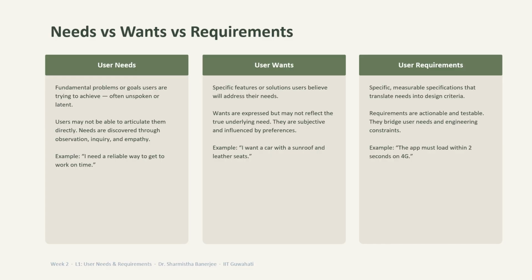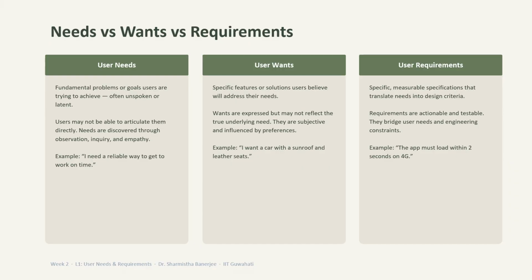So say for example, the user says, I need a reliable way to get to work on time. Now this can mean a lot of different things. You need to use empathy and you need to do observation of how this person is reaching that particular place. Maybe they are not able to reach on time to their place of work because of traffic, or maybe because it takes too long to book an Uber, or maybe they have too many chores to finish at home before they can go, or maybe they are delayed because their maid is delayed.